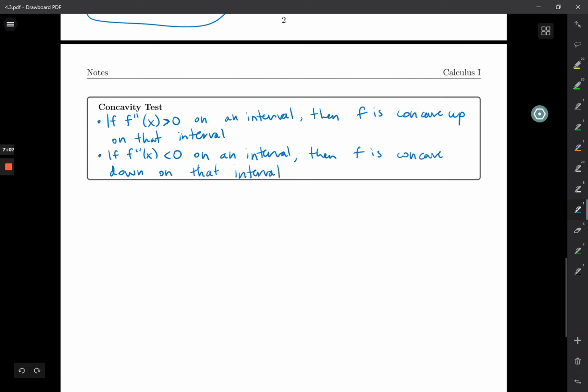So this is really very similar to what we started out talking about, which was the function increasing or decreasing. So what this is telling us is that the first derivative tells us about whether f, the function, is increasing or decreasing, and the second derivative tells us what the concavity of f is.